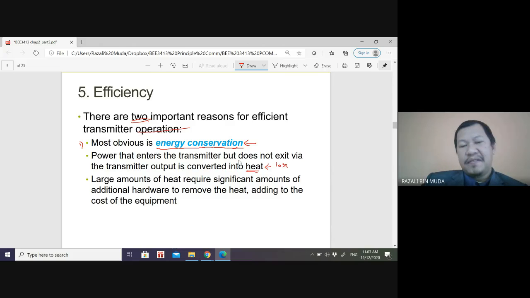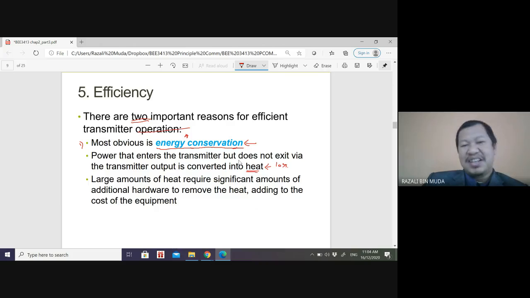So basically, energy conservation is a general rule. Energy is not created and is not destroyed; the energy is changing from one form to another form.